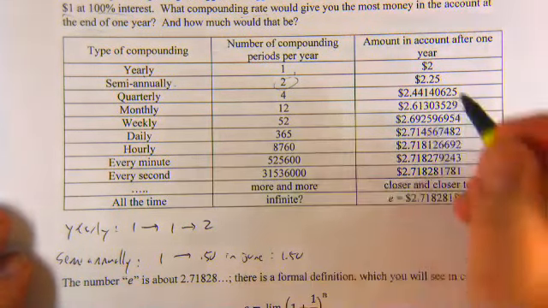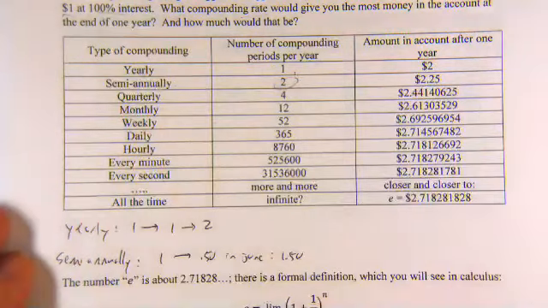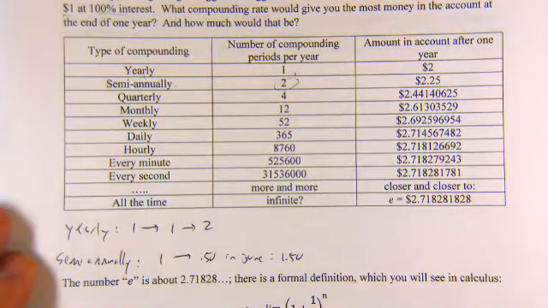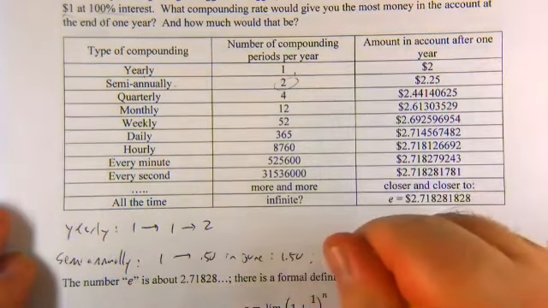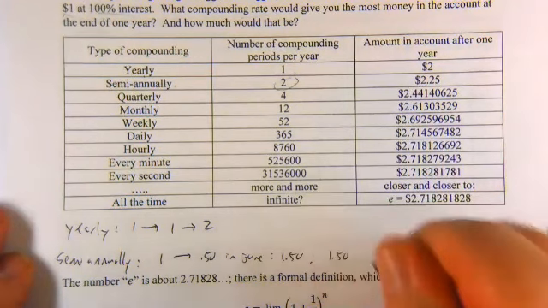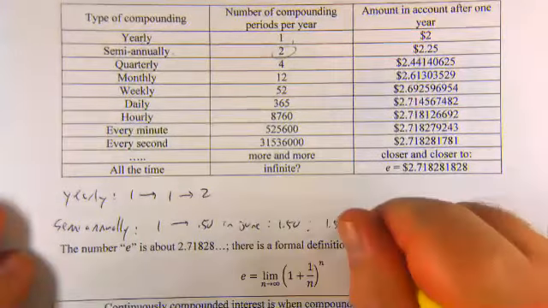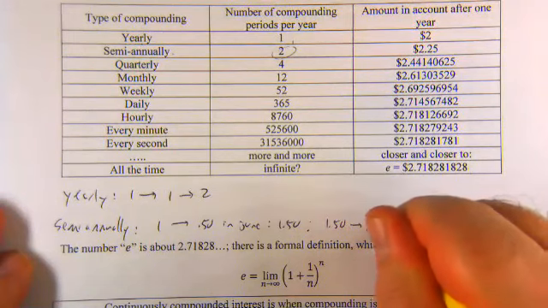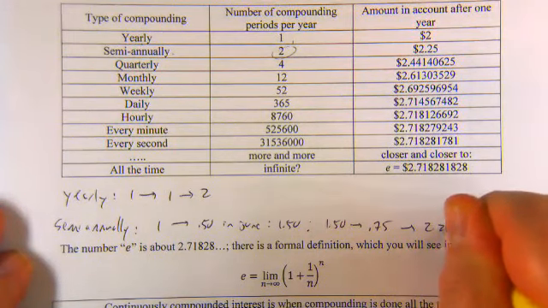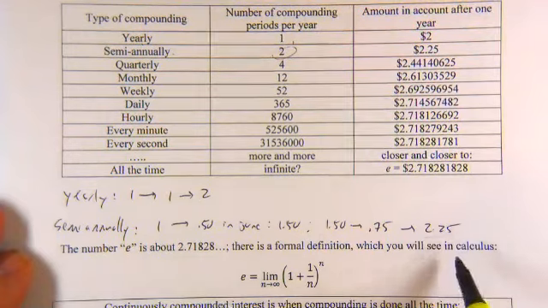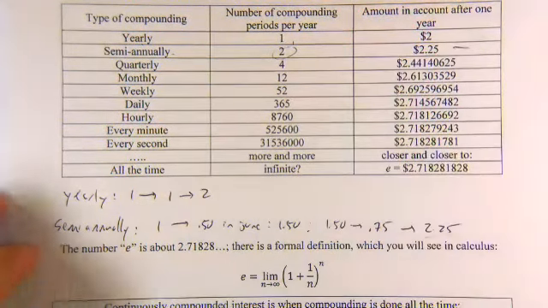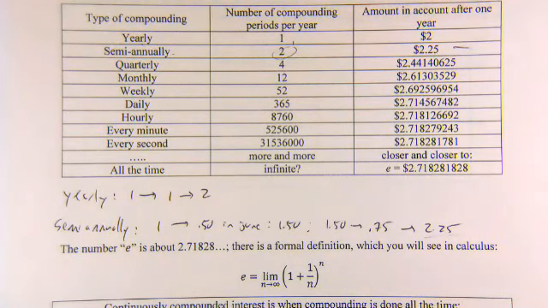If you're getting 100% interest twice, that means you're getting 50% interest in June and another 50% in December. In December, you have $1.50 in your account. Half of that is 75 cents, so you end up with $2.25 at the end of 1 year. So compounding, you get less interest per period, but you get more periods, and so you end up with more interest at the end of the year.